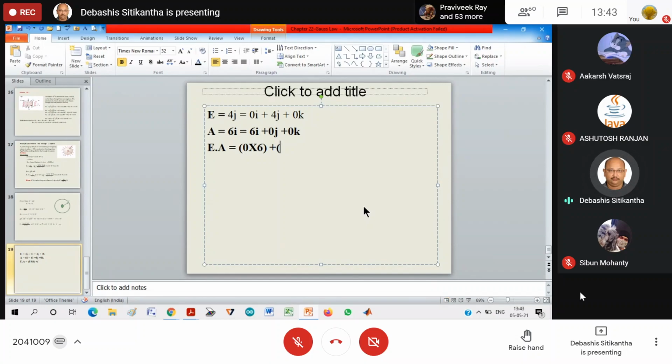So this one is 0 multiplied with 6, this one is 4 multiplied with 0, plus 0 into 0. Ultimately, this is equal to 0. So this was the first bit, bit 1.